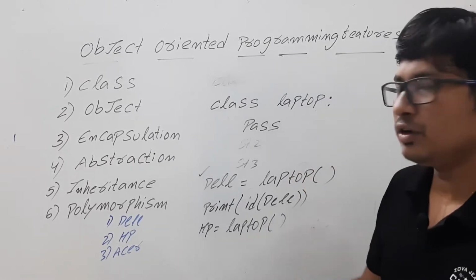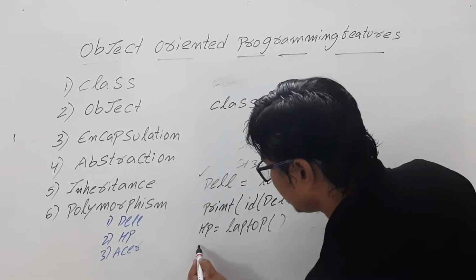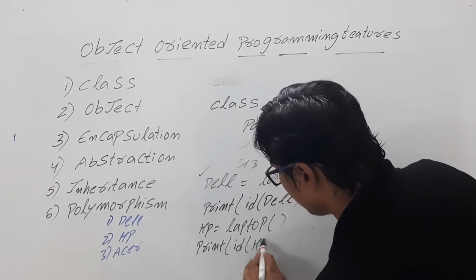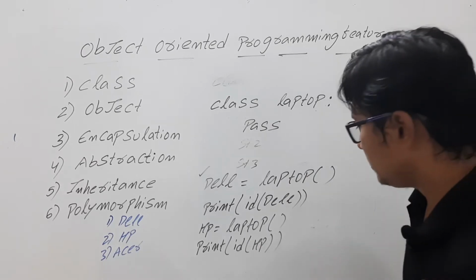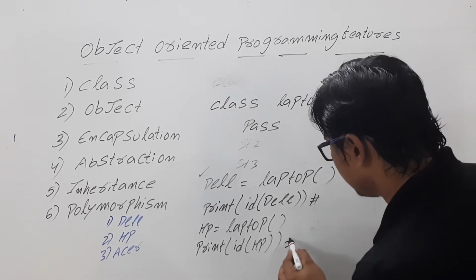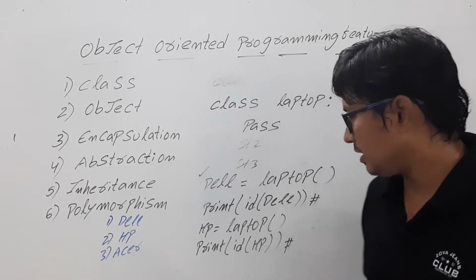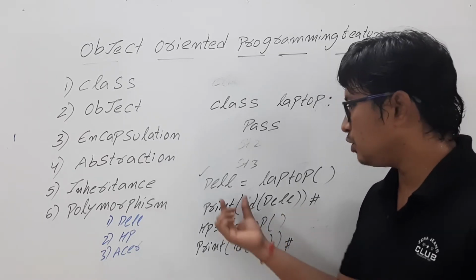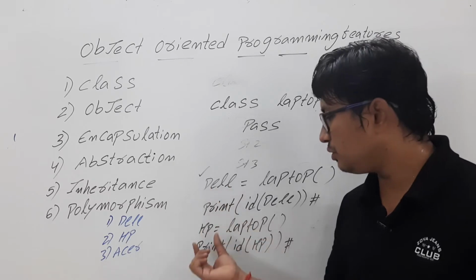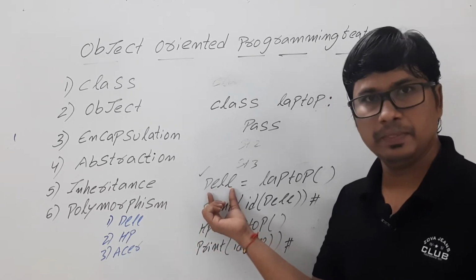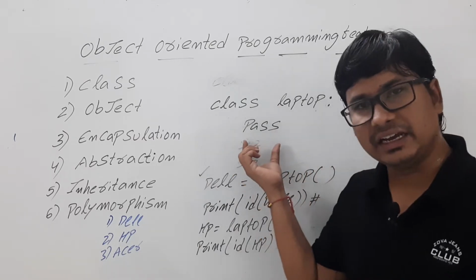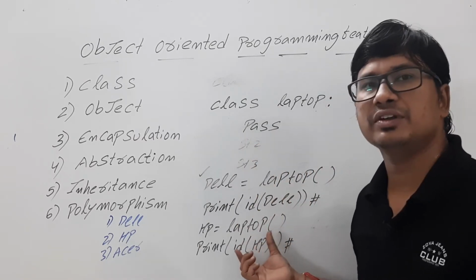Then if you want to find its address, you write print(id(HP)). And this address will be different because this is one object and this is another object. See, we are able to identify the two different objects with their names. Is it clear? So this is the way you can define a class and create an object for the class using Python.